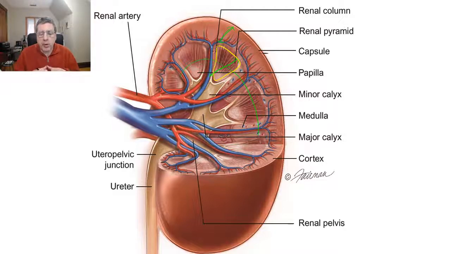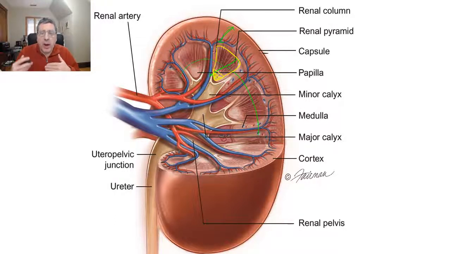Renal pyramids are going to be essential for a specific type of nephron. We'll get into that. And this is where concentrating of the urine is going to occur, or concentrating the salt concentration. At the very tip of this region is the renal papilla.